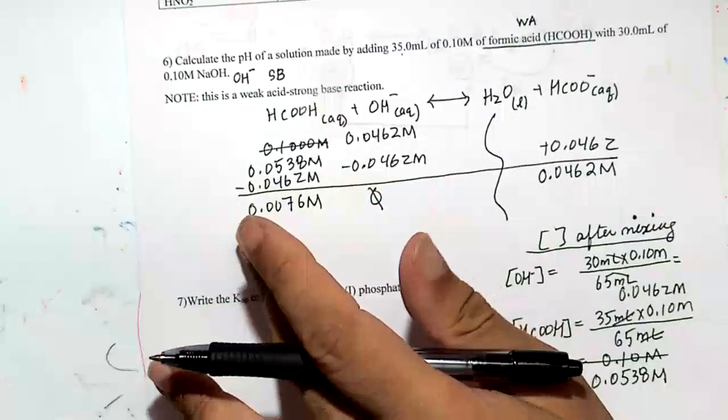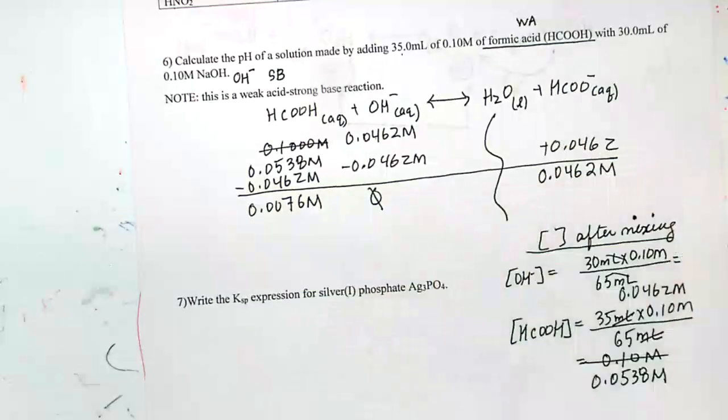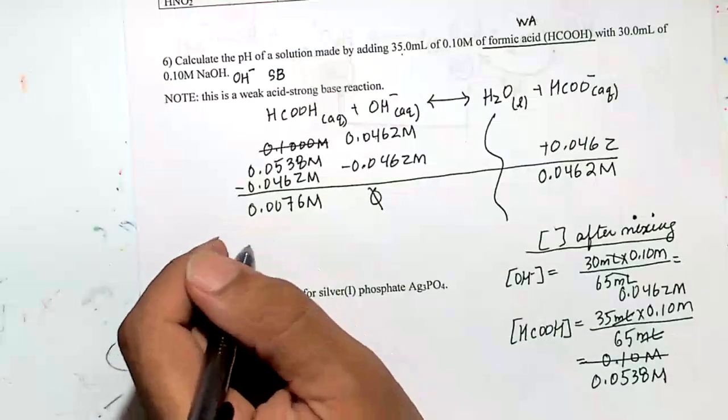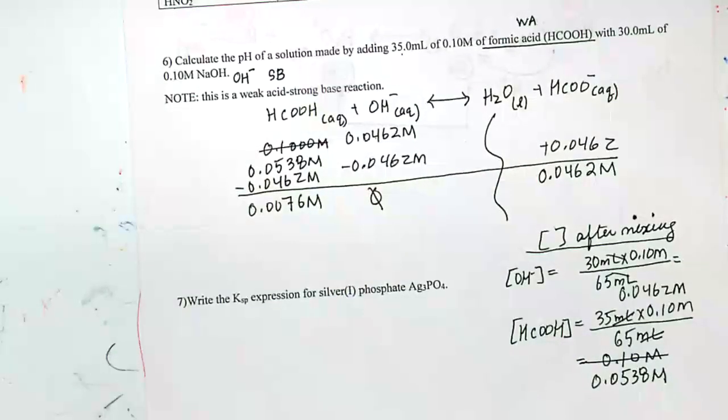So here you have HCOOH, you have HCOO minus, so we'll use the Henderson-Hasselbalch equation with the Ka of formic acid, which I don't know off the top of my head. Let me see if I can find it. I'll give you that on the exam.